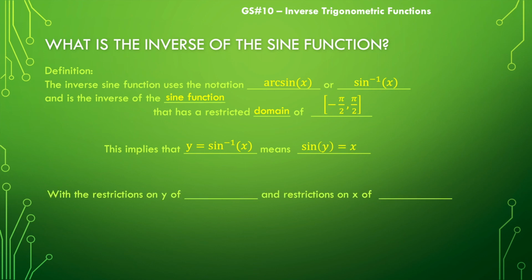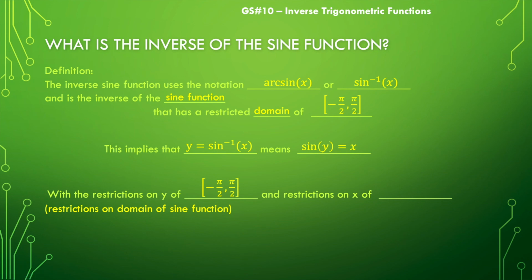And it means that with the following restrictions, right? The restrictions on y in our sine inverse function are going to be negative pi over 2 to pi over 2. Okay, and so I want you to look at this, right? Because the restrictions on the range of our sine inverse function are the same as the restrictions on the domain of the original sine function, right?